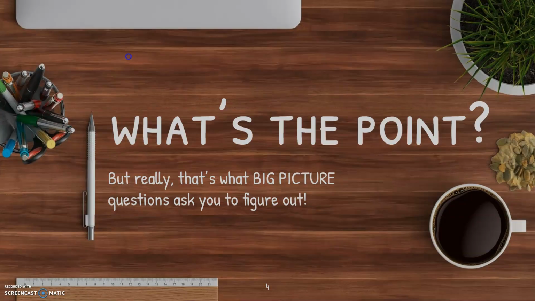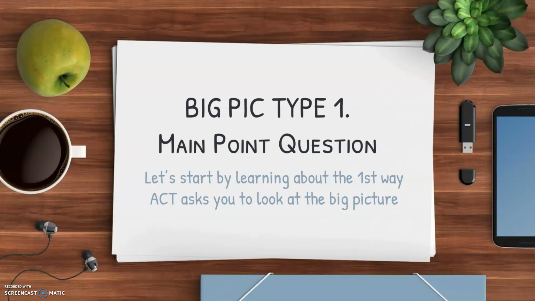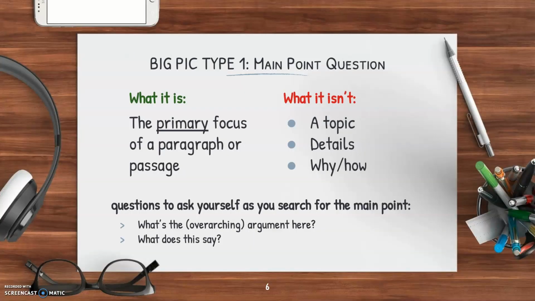So we're going to dive in now to the first type of big picture question that you will be asked to answer on the ACT reading section, and that is the main point question. The main point questions ask you to find the primary focus of a paragraph or a passage.